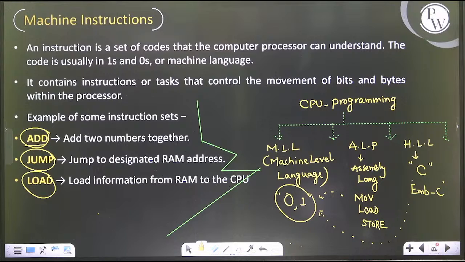What type of instruction is add? चलो, add comes under which category?